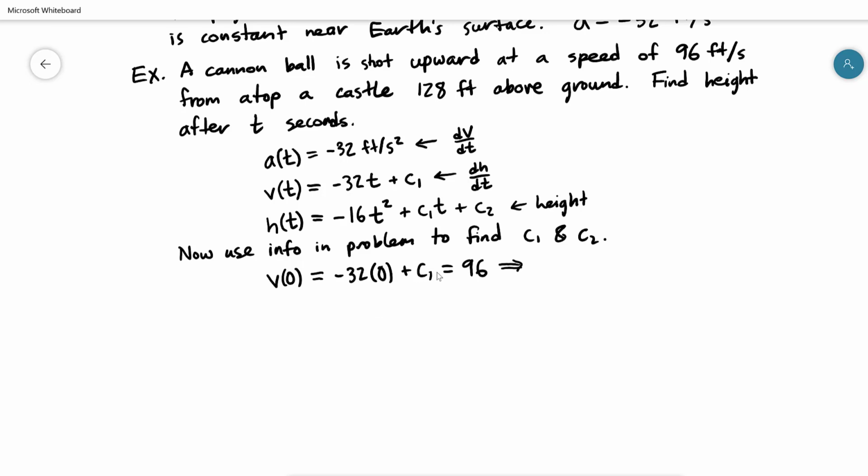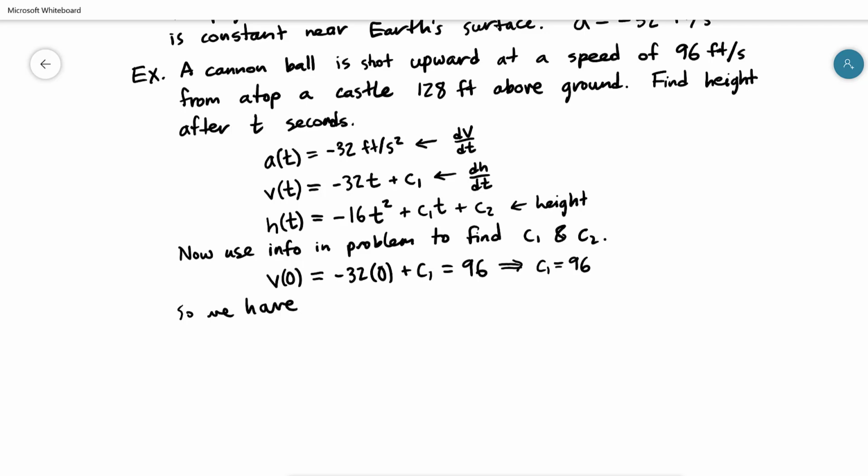All I'm left with is c1, and c1 must be equal to 96. So it turns out that this constant, c1, that we just found, is our initial velocity. For all these projectile motion problems, this is going to be our initial velocity. So we have that.